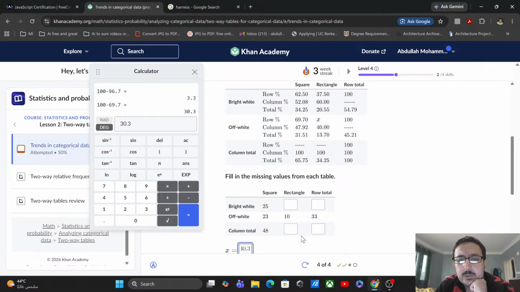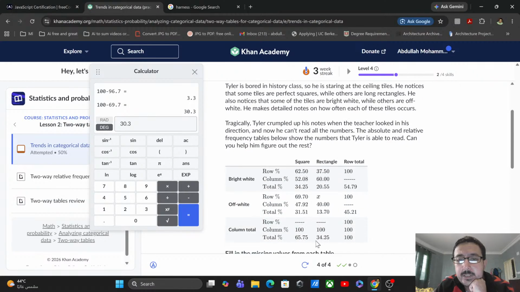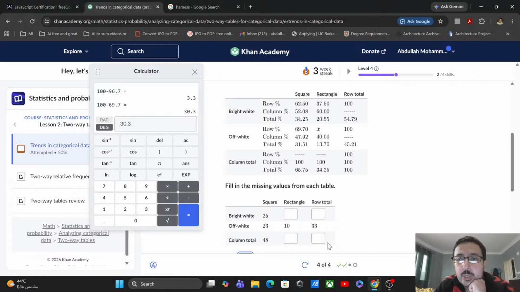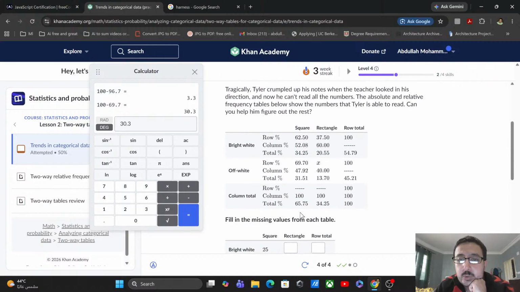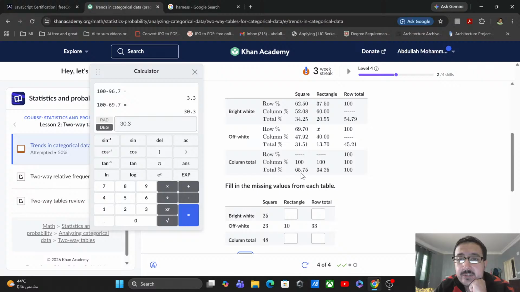Off-white he got it all, so column total, rectangle. Does it say anything about it here? No. So what it does say is 48 square. That's 65.75%. The 48 is 65% out of. Okay.